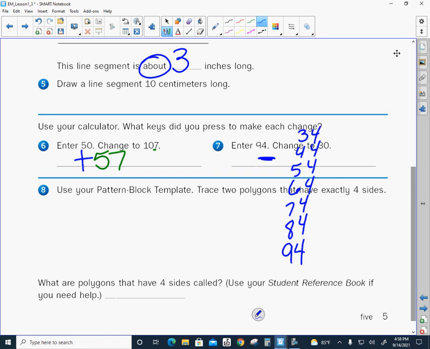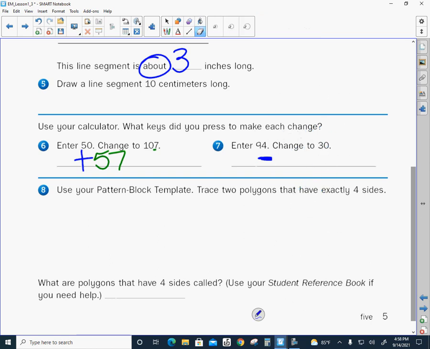Well, that got me to 34, so that was 10, 20, 30, 40, 50, 60. If I subtract 60, that's going to get me to 34. And then I need to subtract 4 more to get to 30. So if I subtract 64, that's going to get me to 30.